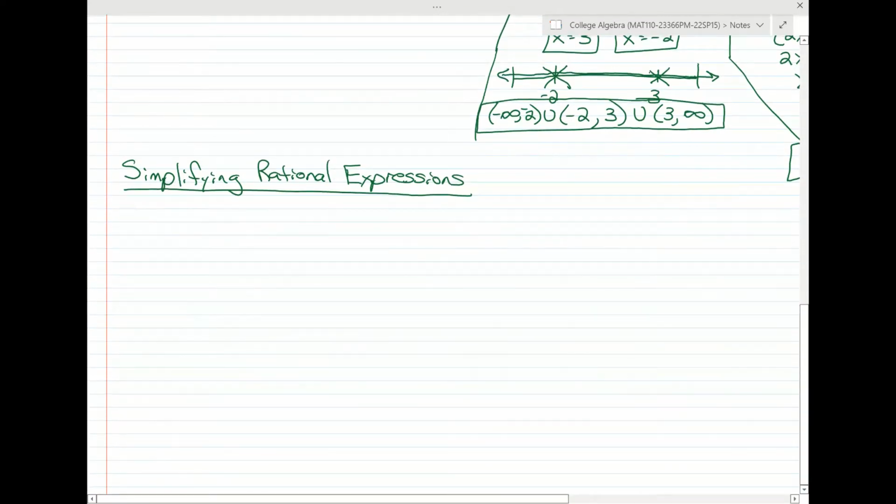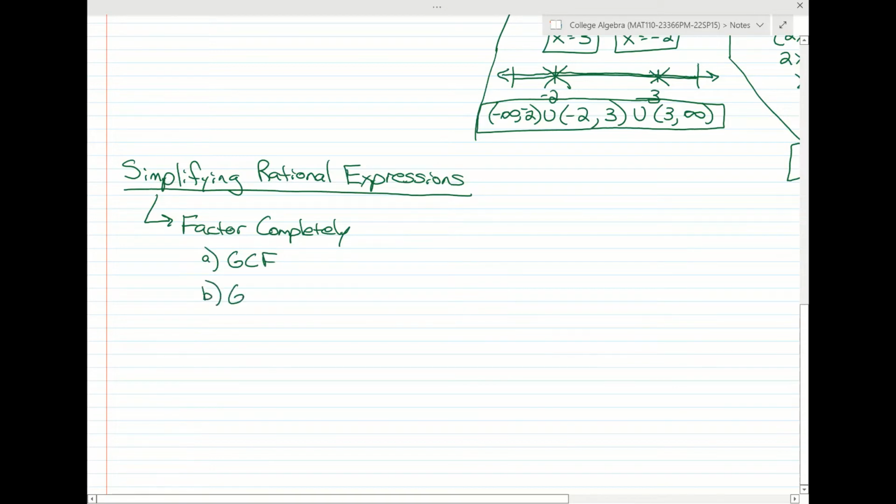There's a few things we have to consider for this. One thing we want to make sure of is that we factor completely. When we talk about factoring, just to jog your memory, we talked about GCF factoring.